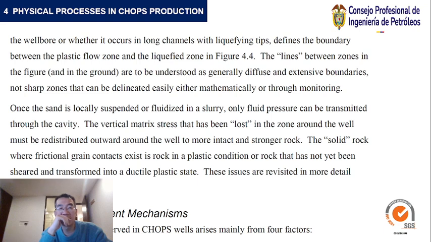The vertical matrix stress that has been lost in the zone around the well must be redistributed outward around the well to more intact and strong rock. The solid rock or frictional grain contacts exist as rock in a plastic condition or rock that has not yet been sheared and transformed into a ductile plastic state. These issues are revisited in more detail later in this chapter.